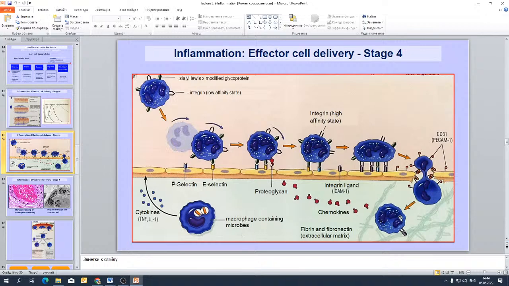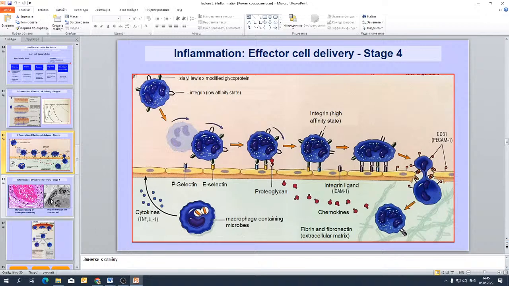For example, this is connective tissue, and there is intracellular transport, intracellular channels. There is injury of the basement membrane, and the leukocyte goes into loose fibrous connective tissue. This part is in the vessels, and the second part is in connective tissue.